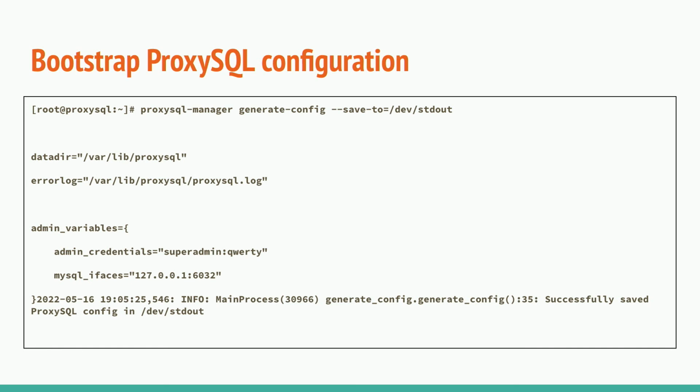When ProxySQL starts, we can connect to it and finish the configuration. So the ProxySQL cnf is really, really small. It's literally this, and the rest is configured by ProxySQL Manager.